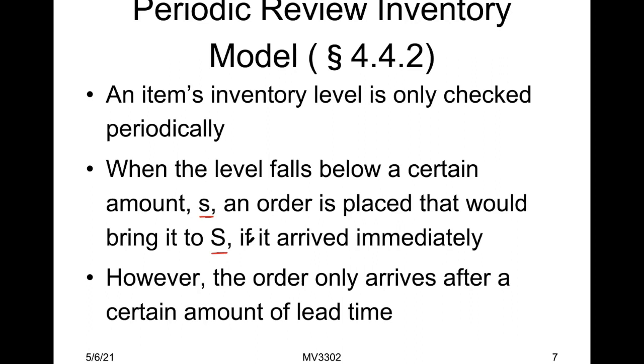One way to think of that is when you fill your car up at the gas station. Let's say you have a rule that when you hit a quarter of a tank, then at the next gas station you're going to fill it up. So typically you're going to have less than a quarter of a tank.